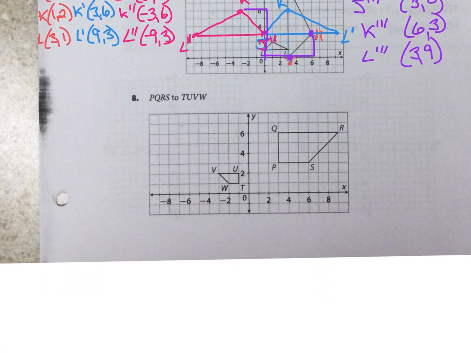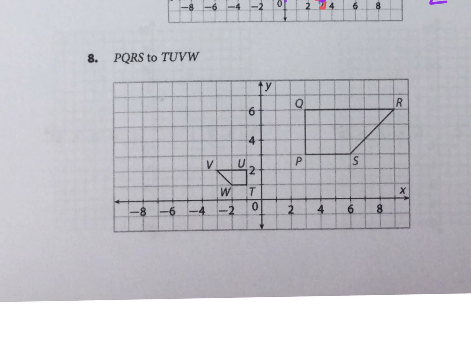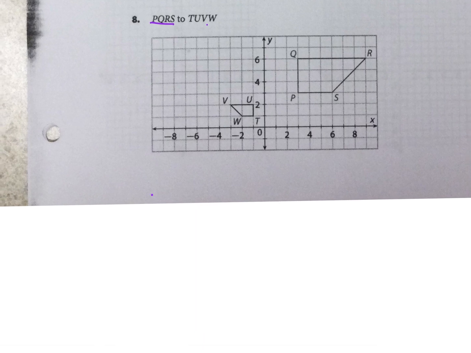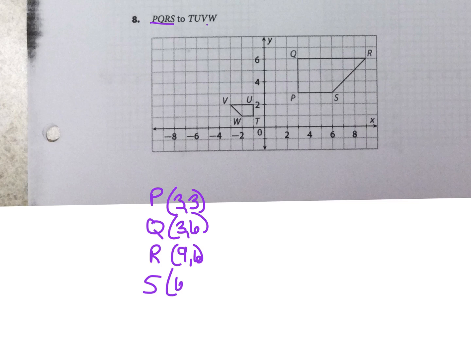All right, so let's try this one. We're starting with PQRS and going, so we're going to get smaller. So the first thing again, I'm going to do this down here, is write out P, Q, R, S. So P is at 3, 3. Q is at 3, 6. R is at 9, 6. And S is at 6, 3. All right, so our first thing we're going to do is dilate by 1/3.